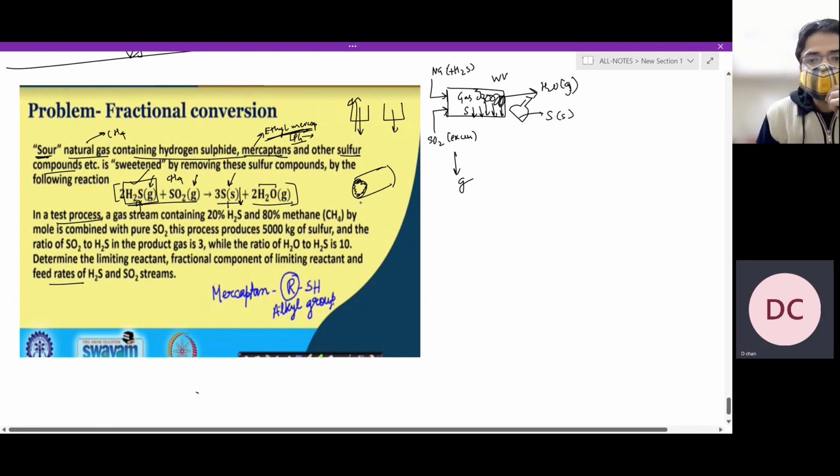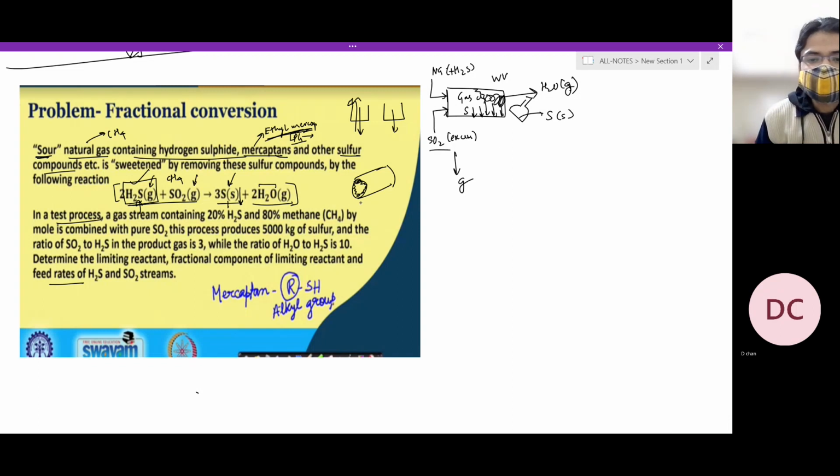Whenever you are solving some kind of reaction, you should always make these mental diagrams for a better understanding of the entire problem.